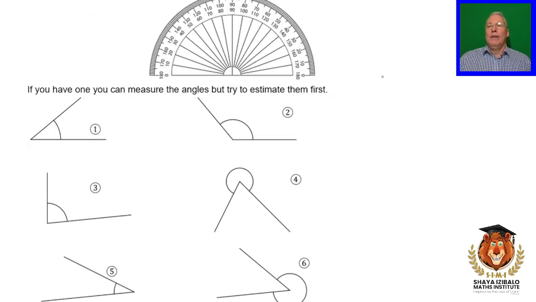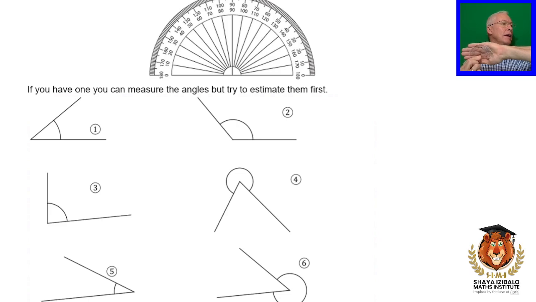Okay, so the next thing is we're going to try and estimate the sizes of angles. All right, if you've got a protractor, then you can actually measure the angle. I'm just going to show you what a protractor looks like. Okay, so there we go. I'm holding a protractor in my hand here. Actually quite difficult to see. Maybe if I hold my hand against it, you can see it a little bit better.